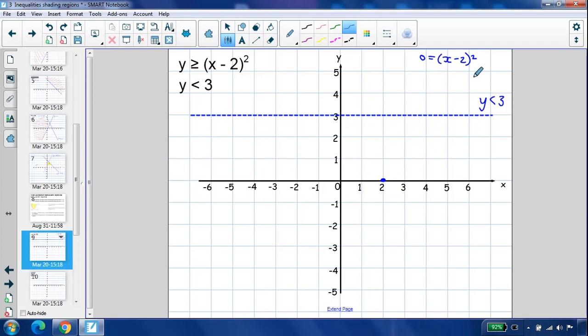And then if we were to expand this out, I would have x squared minus 4x plus 4. So the 4 is going to be the y-intercept. And I'm going to have a solid line. And let's try and sketch this.